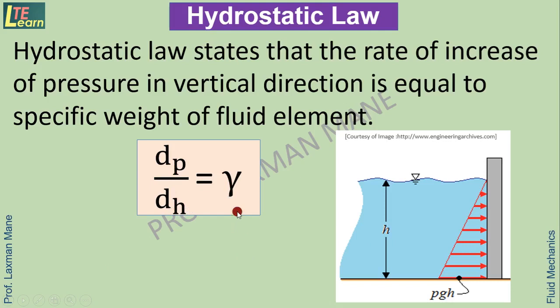Further simplification gives the intensity of pressure at a point, P equals rho into g into h, where rho is the density of the fluid, g is acceleration due to gravity, and h is the height of the liquid column.